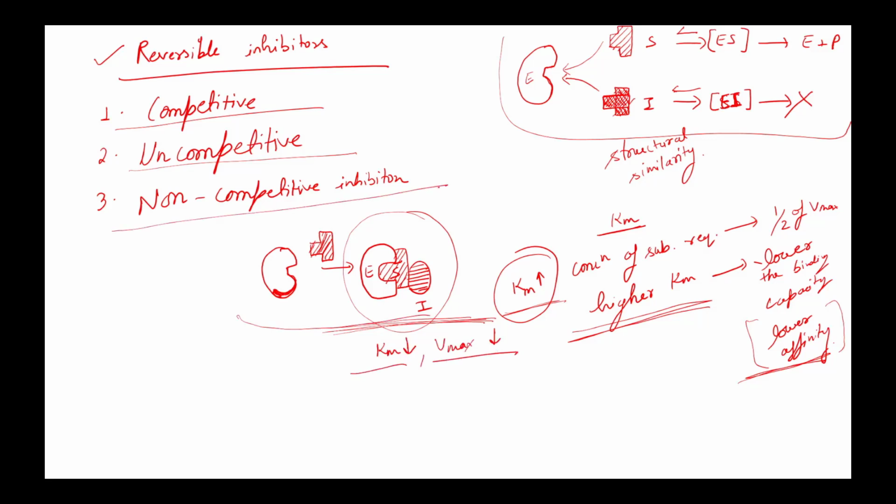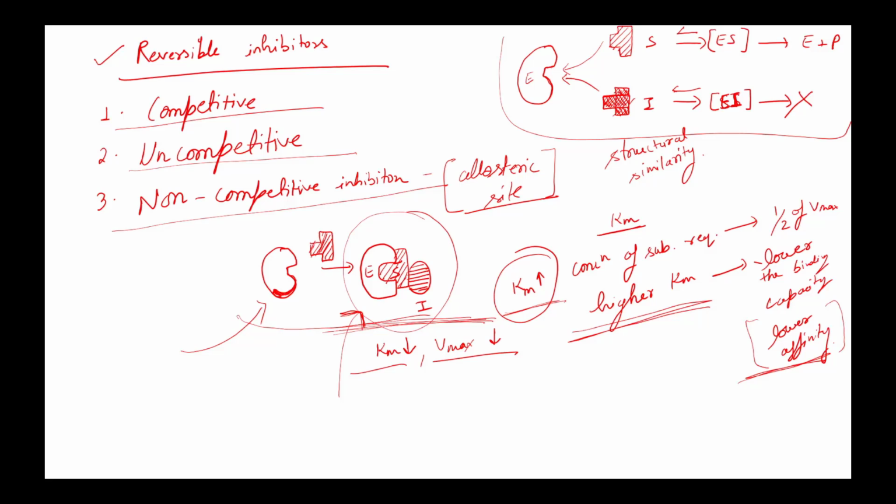In non-competitive inhibition, the non-competitive inhibitor can bind to the free state of the enzyme as well as the enzyme substrate complex, because it binds to the allosteric site other than the active site.